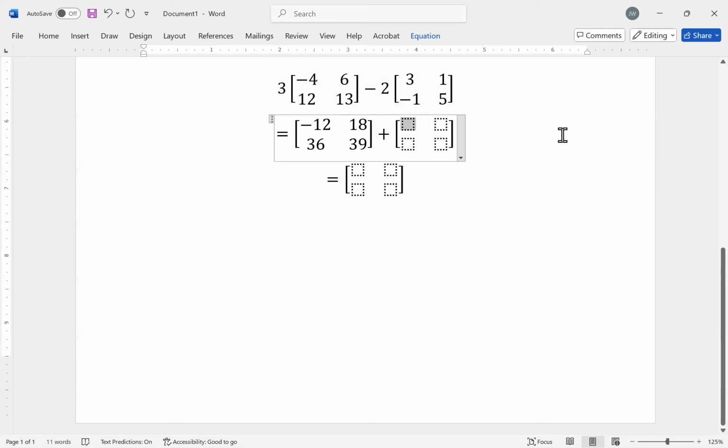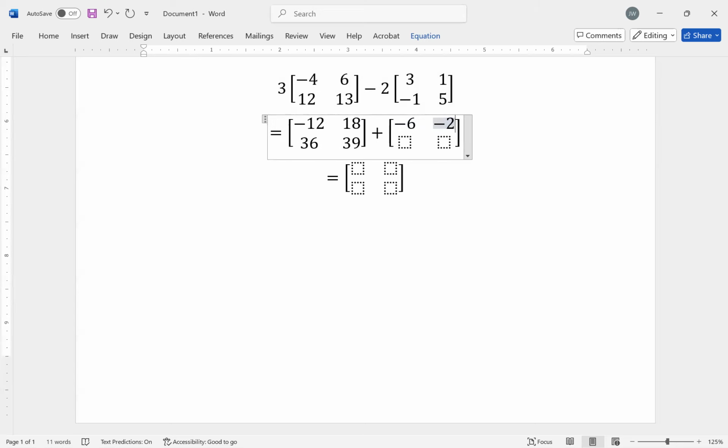So -2 times 3 means that -6 is in the 1, 1 entry. -2 times 1 means that -2 is in the 1, 2 entry. -2 times -1 means that 2 is in the 2, 1 entry. And -2 times 5 means that -10 is in the second row, second column, or 2, 2 entry.